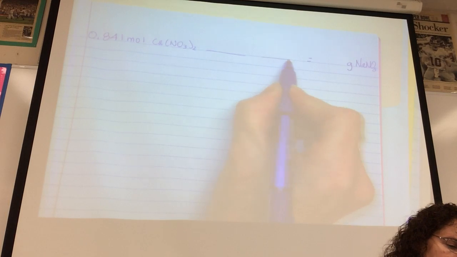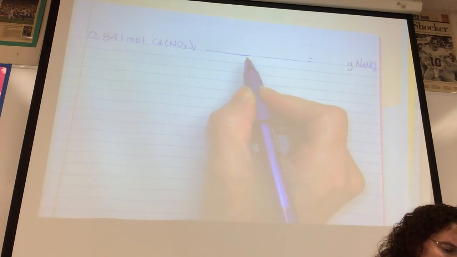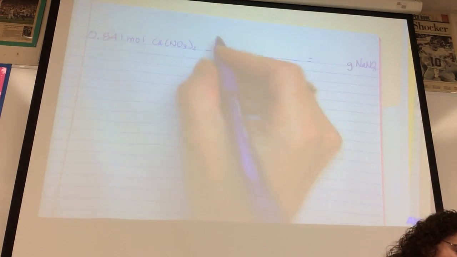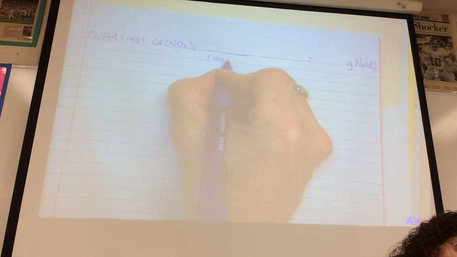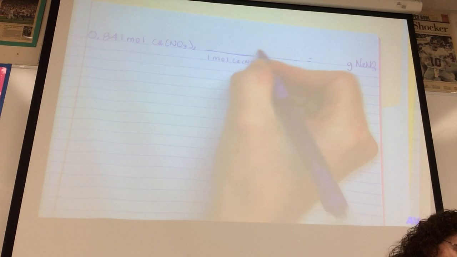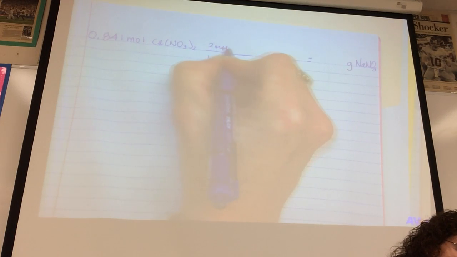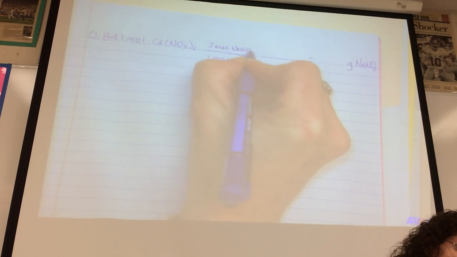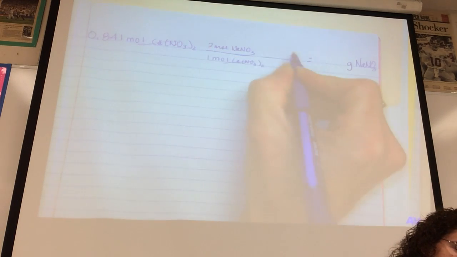And now this is a mole to mass problem, which most of you have mastery in. For every 1 mole of calcium nitrate, you generate 2 moles of sodium nitrate from the balanced equation.